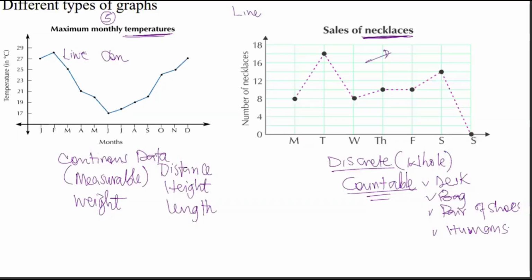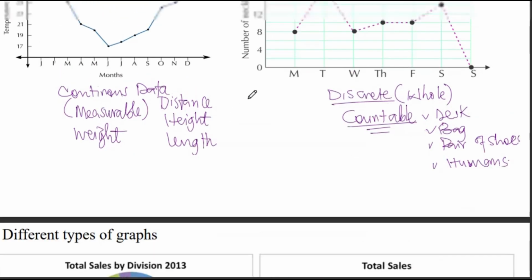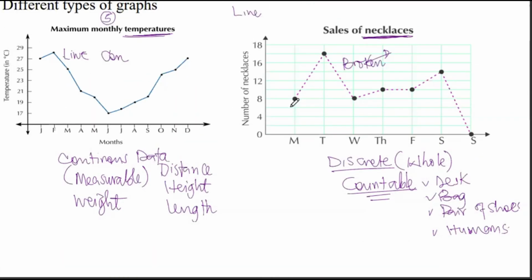So now this is it. If the line is joined dot to dot, this is continuous data. And if it's split or broken, then it's discrete data. For the line graph, whatever we see on the x-axis, we also have on the y.